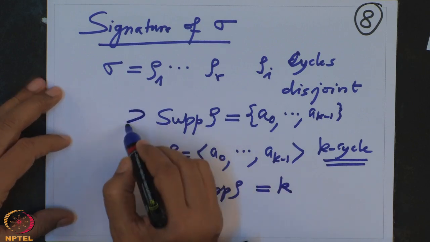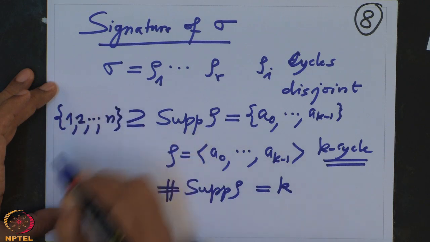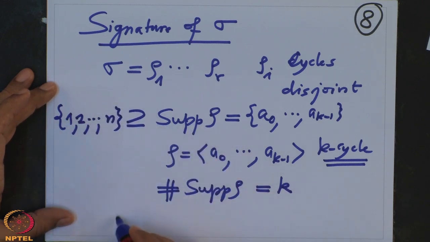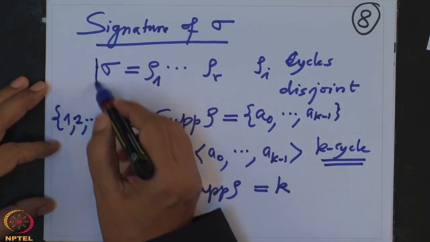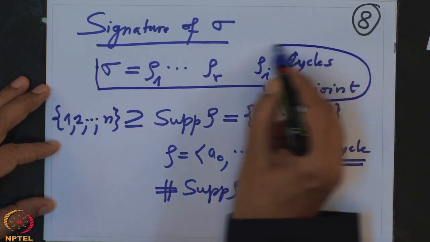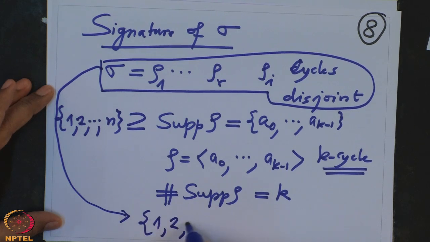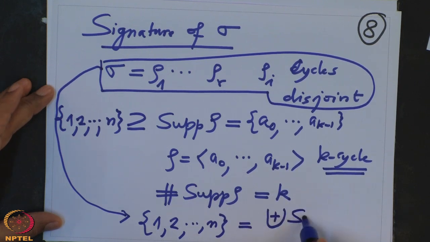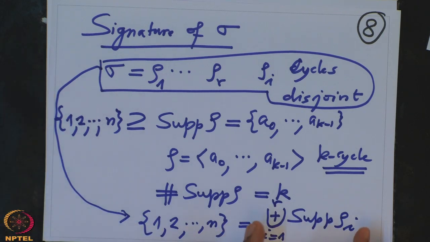The support is a subset of 1 to n. And if you take the union of the supports, so if sigma is written as a product of disjoint cycles, then we know that the set 1 to n is precisely the disjoint union of the supports of rho i, i from 1 to r. Disjoint union because they are disjoint, and therefore we have decomposed this set into this.